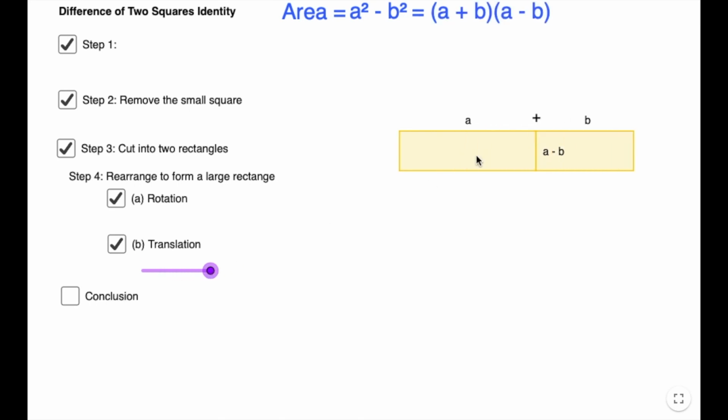And so we have the length of this new rectangle we formed from the two parts from our L shape has a length of a plus b and a height of a minus b. And because we know that this L shape came from a squared minus b squared, we also can see that it has an area of a plus b, the length, times a minus b, the height. So we have our conclusion there highlighted. And that's rather lovely.